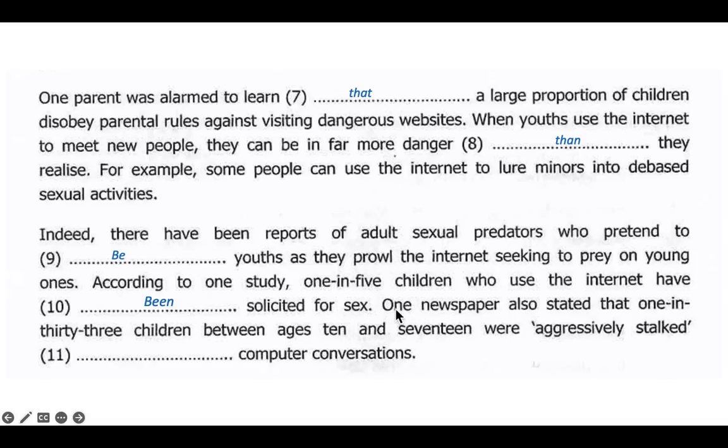All right, and then let's try to move on, dear viewers. One newspaper also stated that 1 in 33 children between ages of 10 and 17 were aggressively stalked during computer conversations. So here I will use the word during.